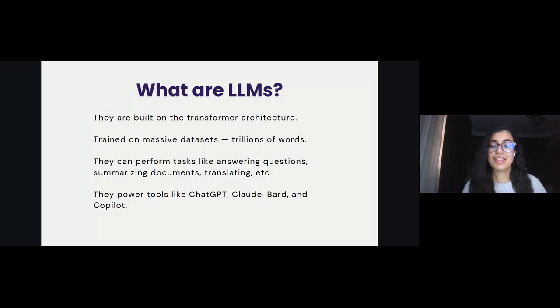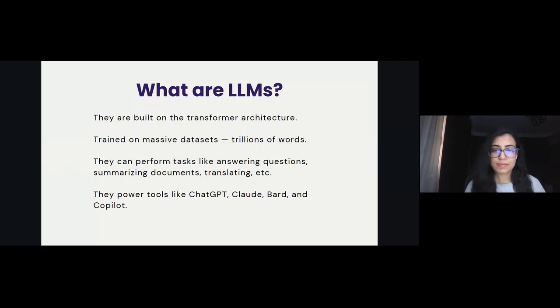The second thing that makes LLMs so powerful is that they're trained on massive amounts of data. Their performance is great because they're trained on a lot of data, and we're talking trillions of words, covering everything from Wikipedia and books to code and web pages.